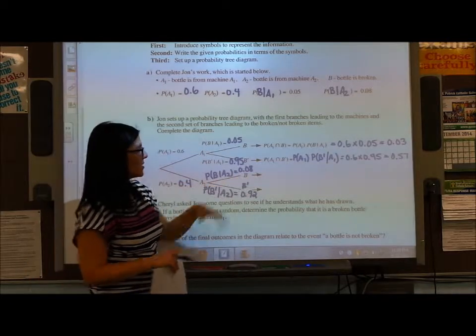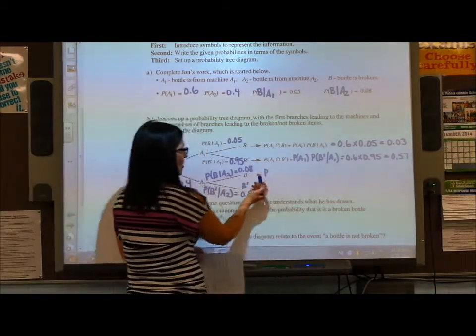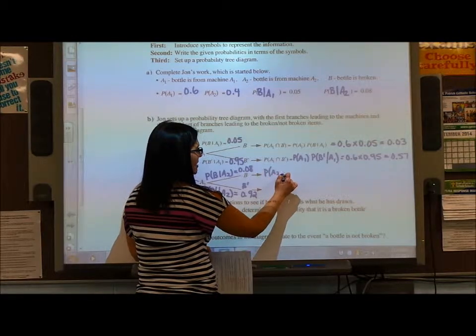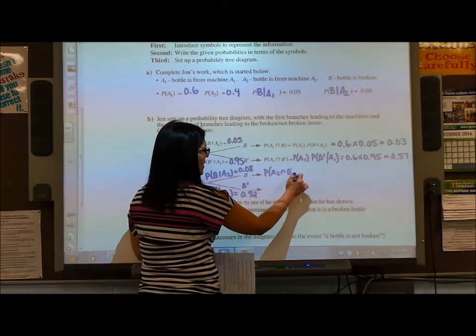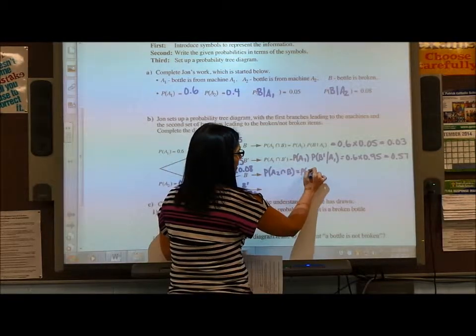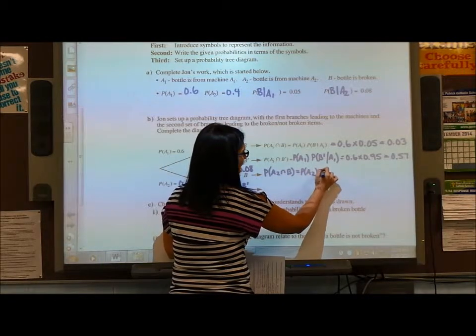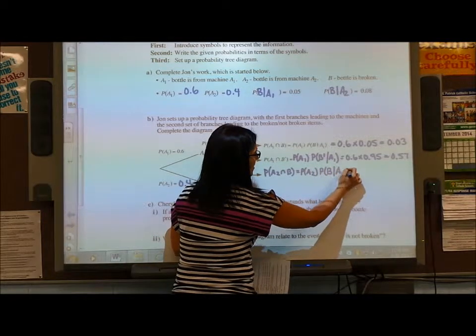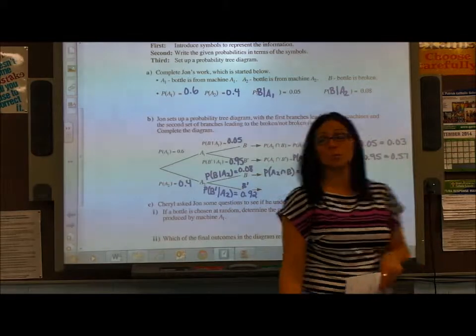So now if I follow this through, this arrow would represent the probability of it coming from machine A2 and it being broken. So that's the probability that it came from A2 times the probability that it was broken given that it came from A2.